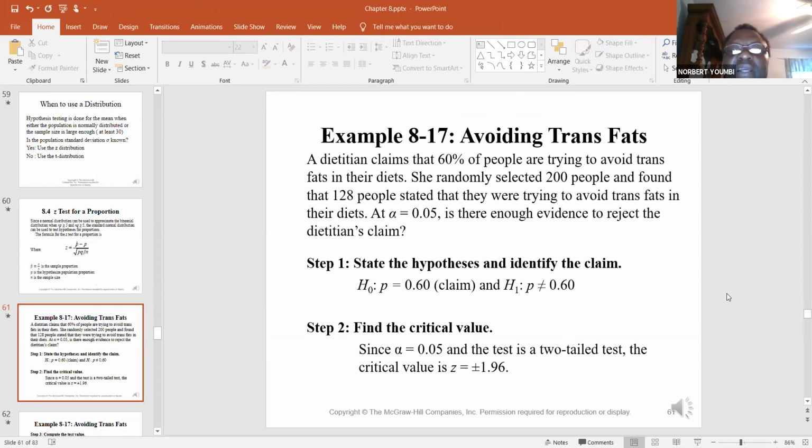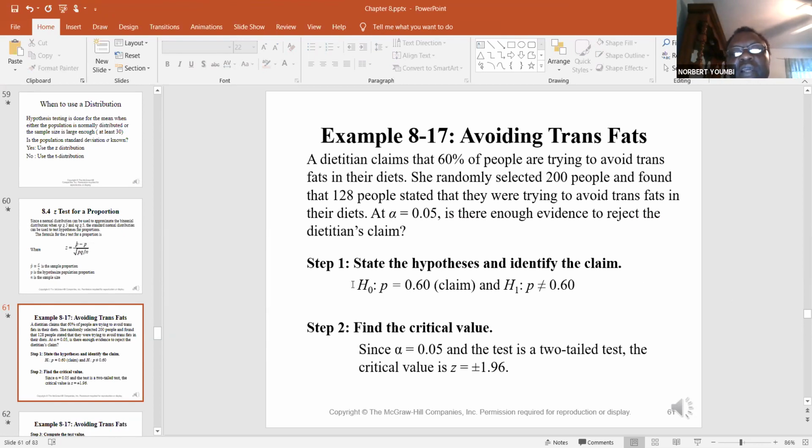Example: a dietitian claims that 60% of people are trying to avoid trans fat in their diet. She randomly selected 200 people and found that 128 people stated that they were trying to avoid trans fat in their diet. At alpha equal to 0.05, is there enough evidence to reject the dietitian's claim?